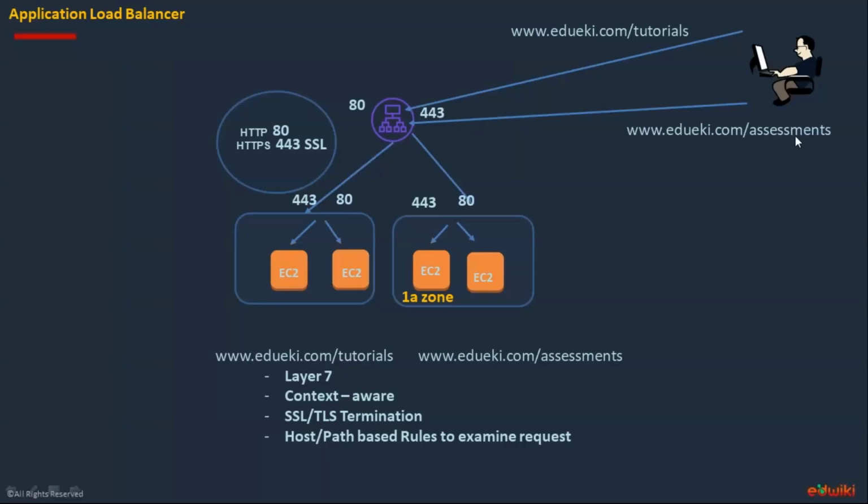If the request is coming for assessments, forward it to the target group that provides the assessment feature. You got what I'm trying to say? That's how you can configure n number of different rules in a load balancer, guys.